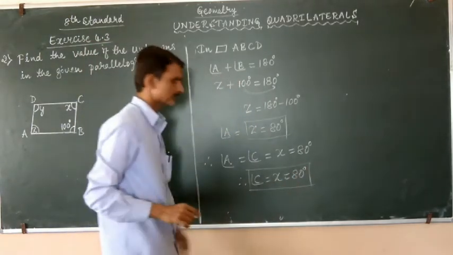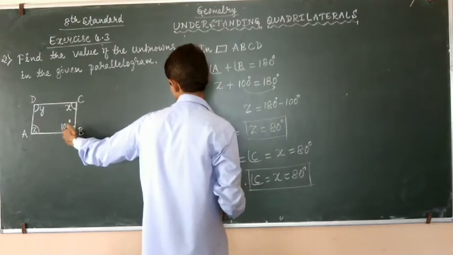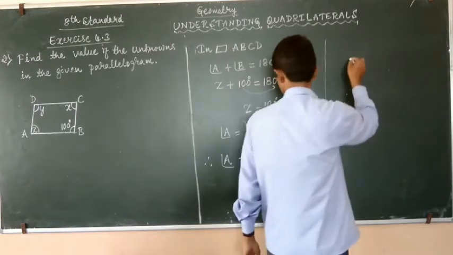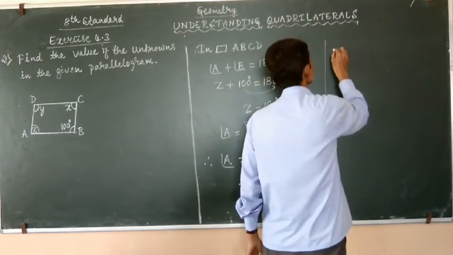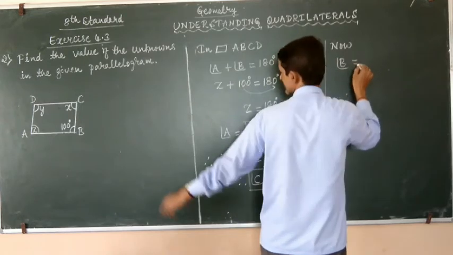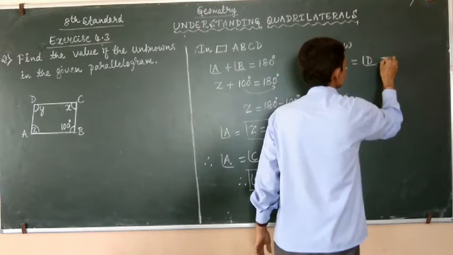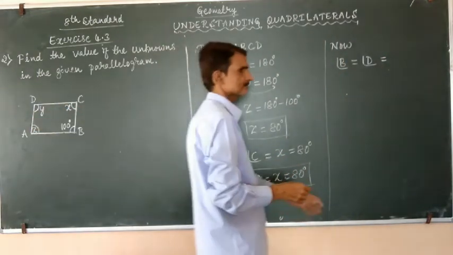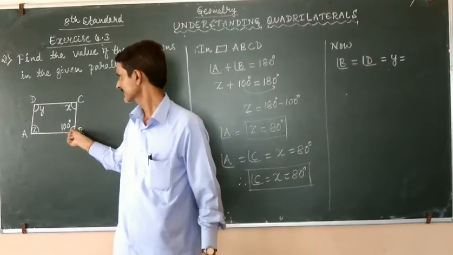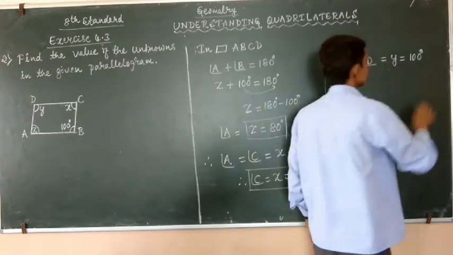So here we have found the value of X. Now, similarly, write down angle B and angle D. Angle B is equal to angle D, which is equal to Y. In the figure, the measurement of angle B is 100 degree.